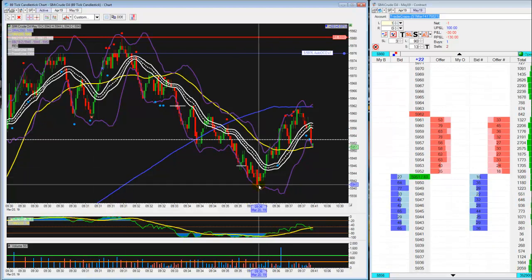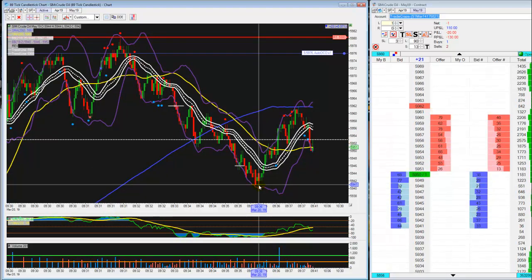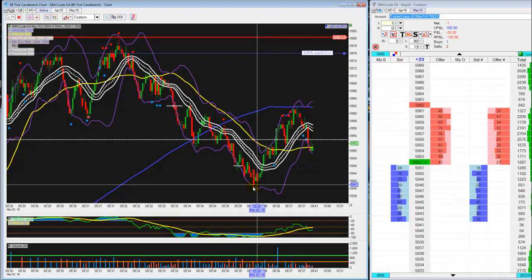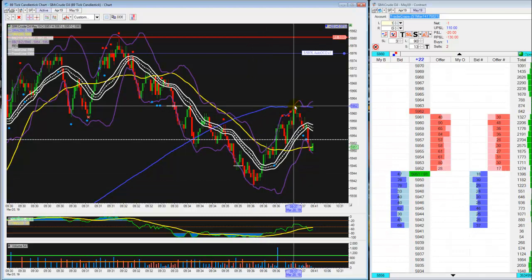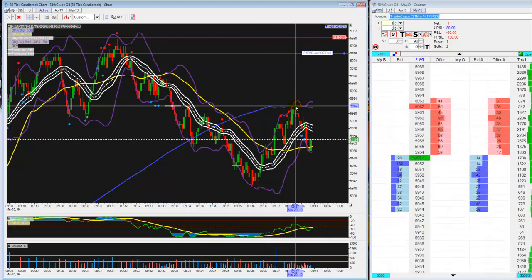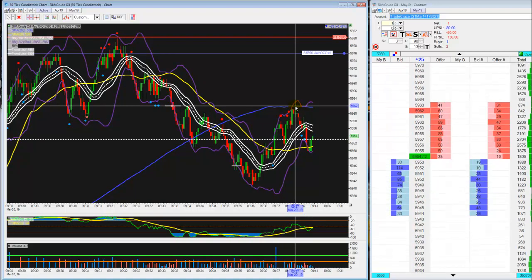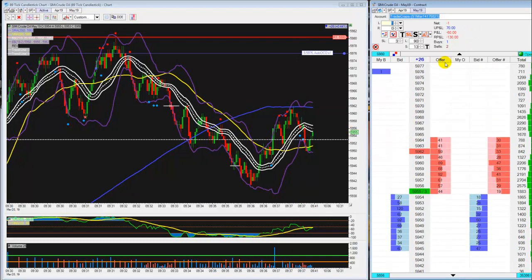Okay, if we can reach down here, this is when we'll move to break even on the trade. Hopefully we'll make a lower low. $62 plus 10 is $72.